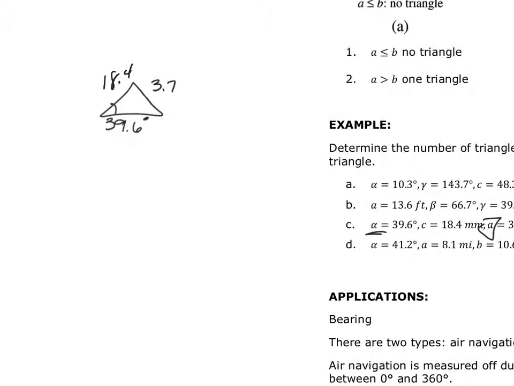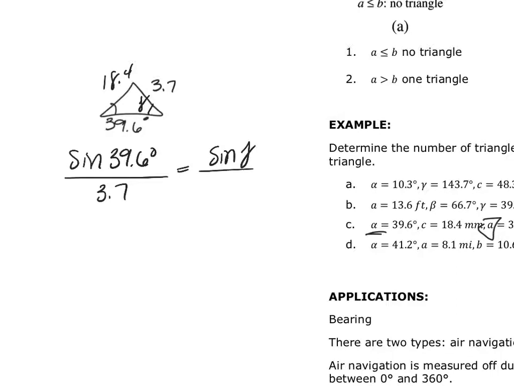When they're asking me to solve for a triangle, they're asking me to find all the missing pieces: the other two angles and the other side. So I start out with the sine of 39.6 degrees over 3.7, because that's the relationship that's happening, equal to the sine of gamma, because that was opposite C, over 18.4.